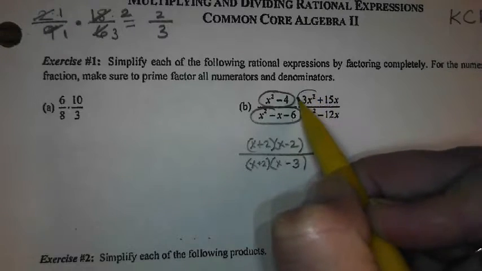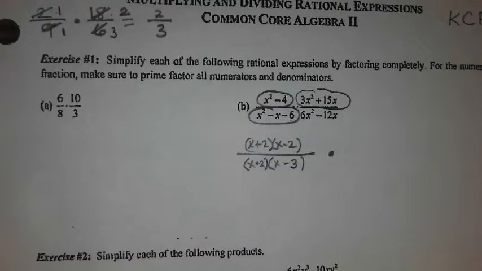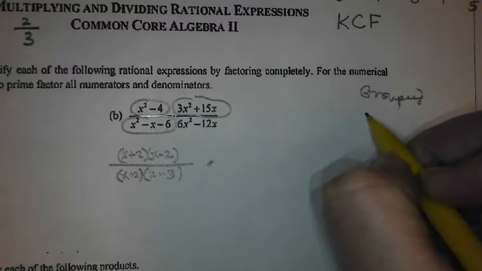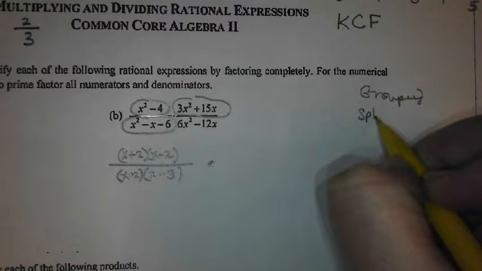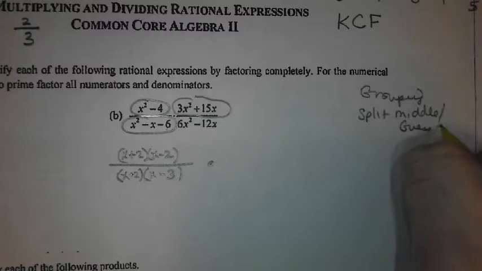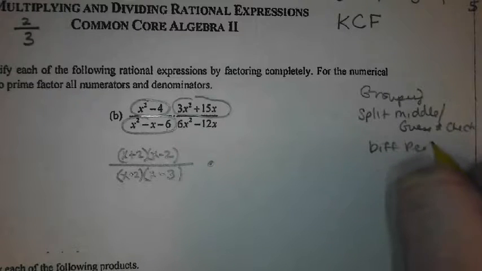What kind of factoring up on the top right? What does that call for? Jake Hutch? We've got grouping as an option. We've got split the middle, slash guess and check. We've got difference of perfect squares.